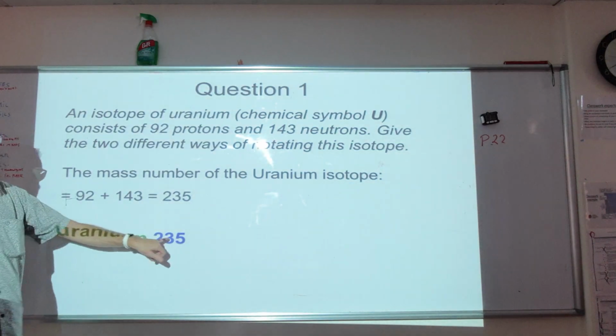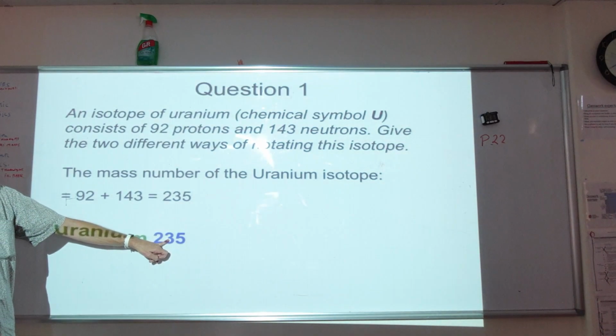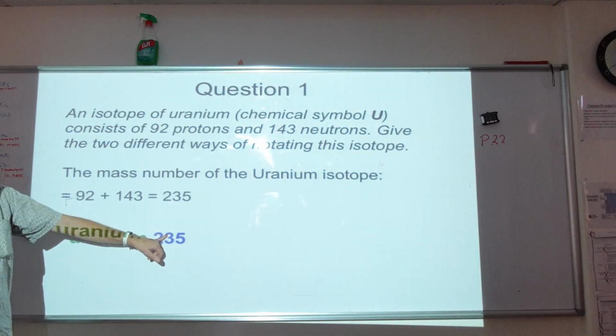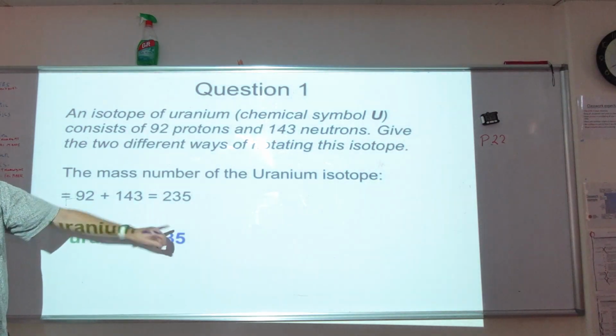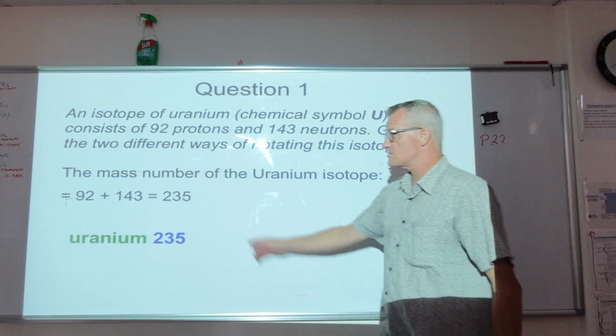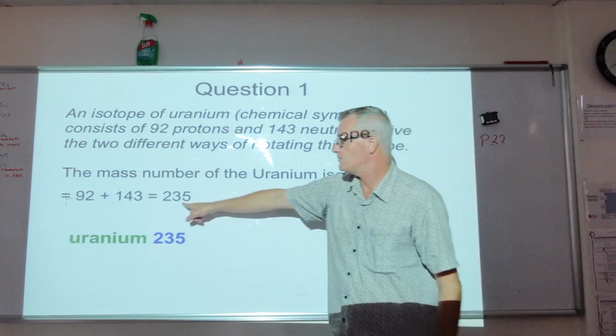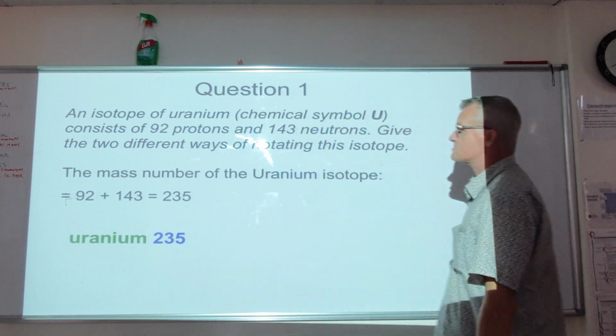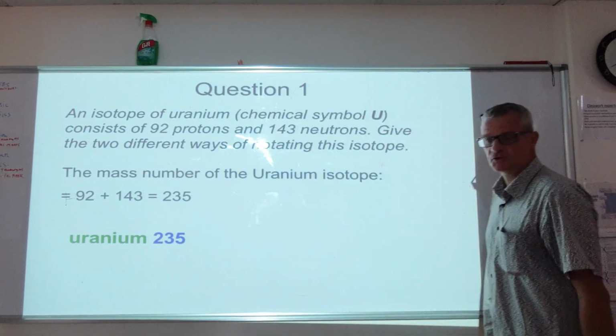But from here, we can actually determine, looking at the periodic table, find the element uranium, you find the protons, and then you can find the amount of neutrons by doing the atomic mass minus the protons, and then you find the amount of neutrons.